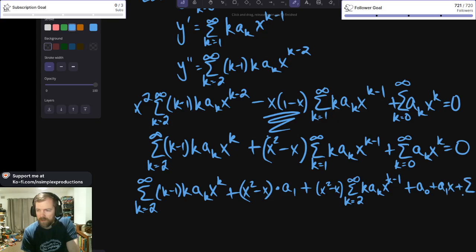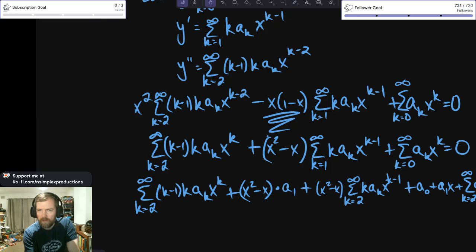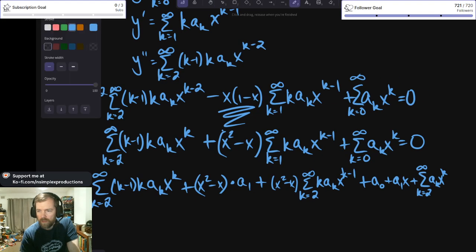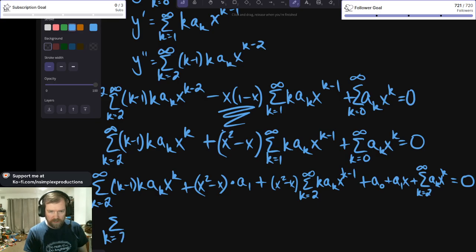Plus, k goes from 2 to infinity, sum of a sub k x to the k equals 0. Right. So now we get this stuff. We end up with summation k goes from 2 to infinity.